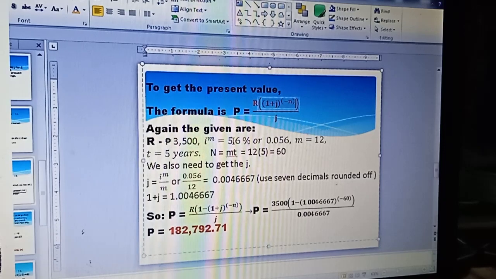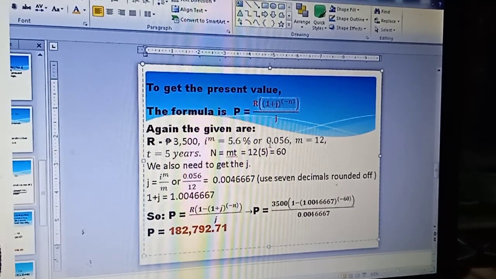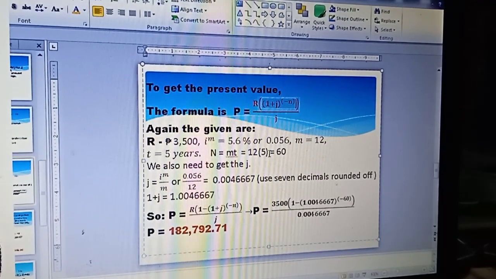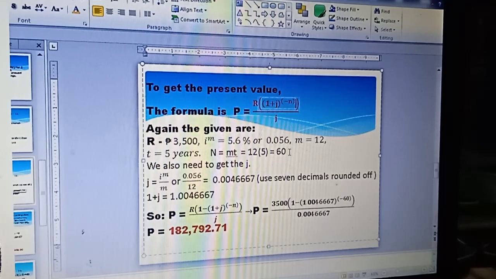And we are not going to use the percent but the decimal, so we convert the percent into decimal. 5.6% is equal to 0.056 in decimal. m again is 12, t is 5 years, then n equals mt, or 12 times 5 equals 60.